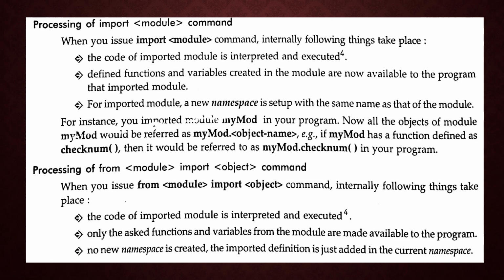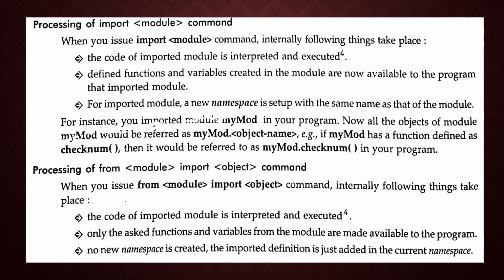See, in case you are using the math module, if you're going to access the math module, what happens? The code of the imported module, that means math, is interpreted and executed. Defined functions and variables created in the module are now available to the program that imported the module.